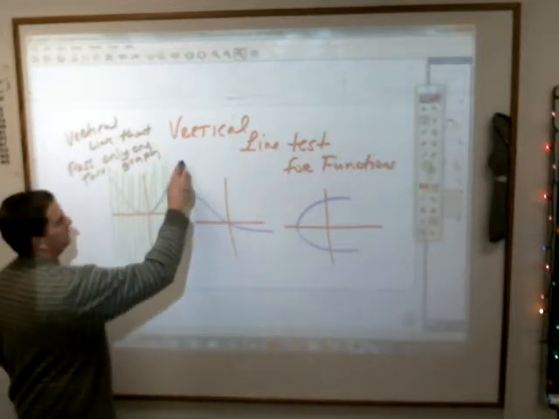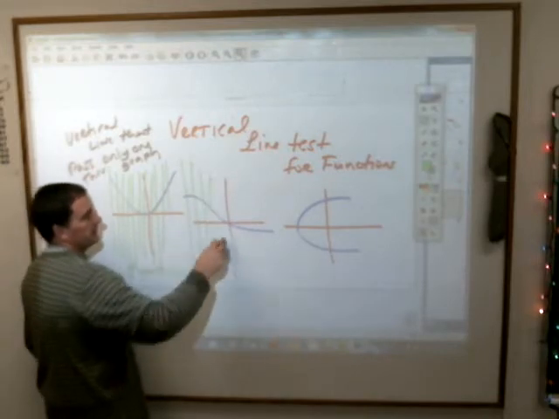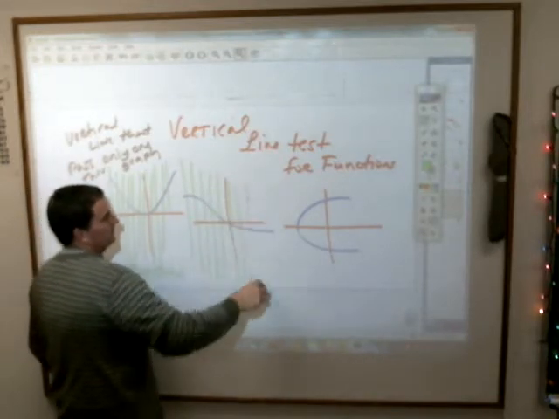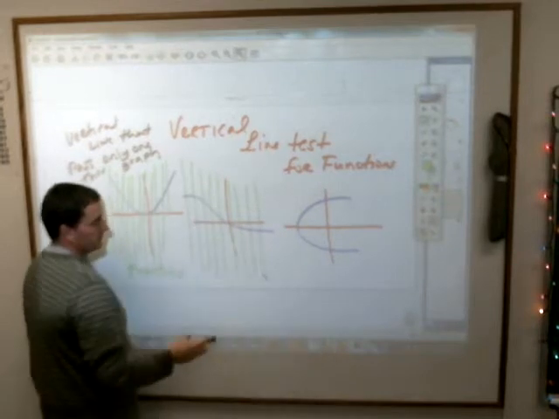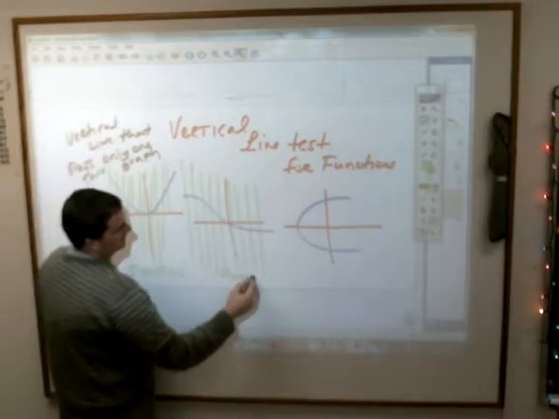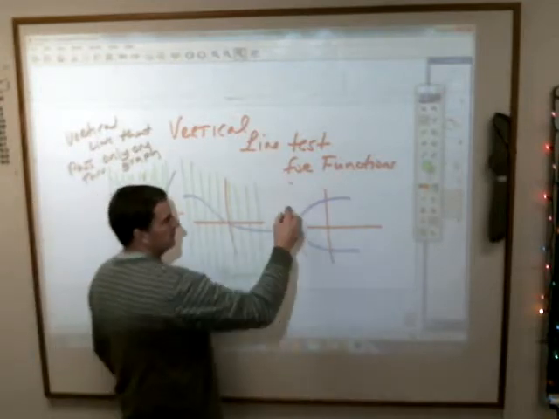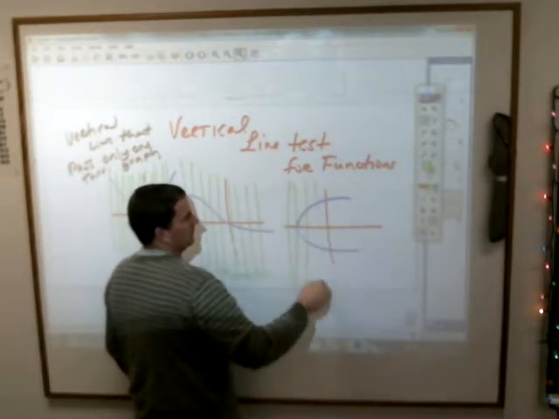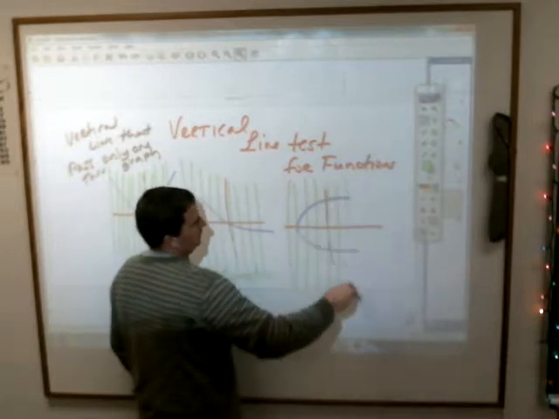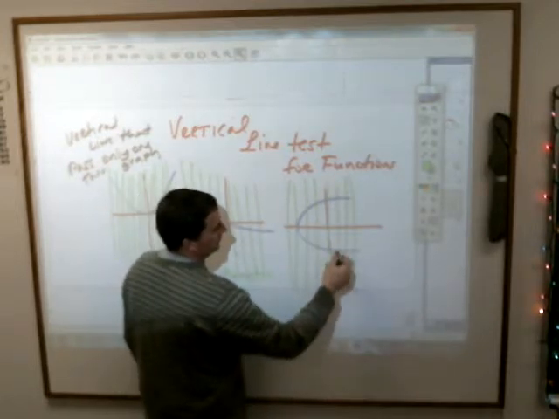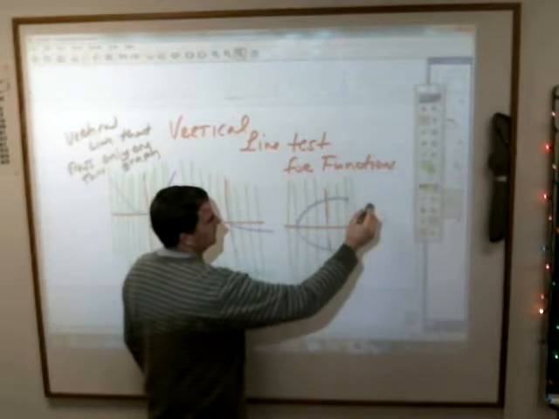Same thing here. If I do my vertical lines and I keep going up and down on it, there's no place that this blue line crosses more than once, so this is a function. However, if you do this, this is not a function but a relation. Why? Because this vertical line crossed both here and here.